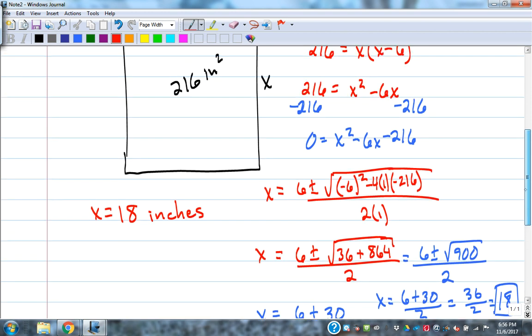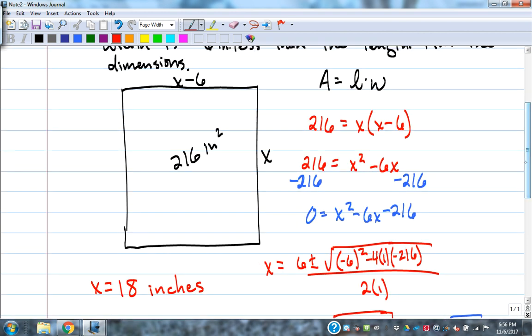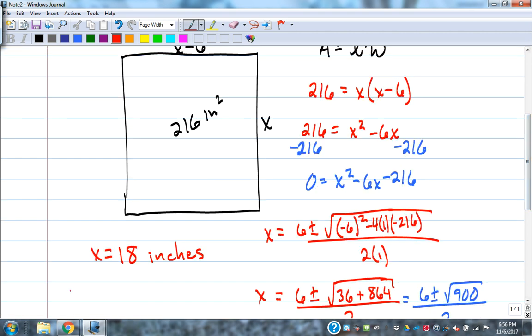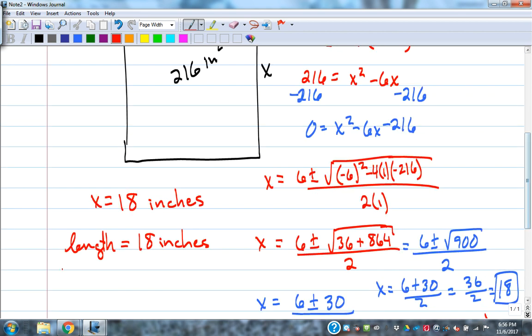X represents what for our poster? Length or width? X is the length. Remember, we drew our poster here. X is the length, 18 inches. The width would be 18 minus 6, which is 12 inches.